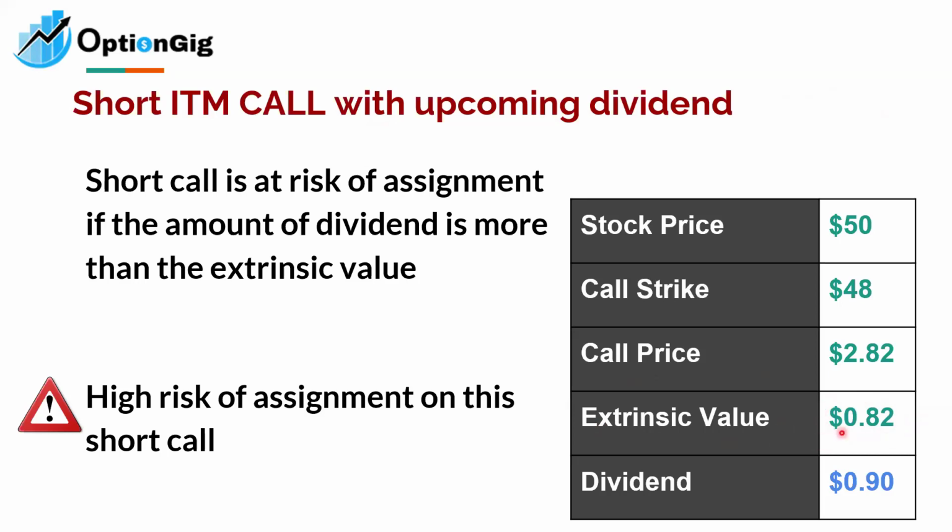I mean, $82 is a big amount for one contract. But if there is a dividend coming up and the amount of the dividend that the company generally pays is more than this extrinsic value, then this is at risk of assignment. And this happens only for short calls.